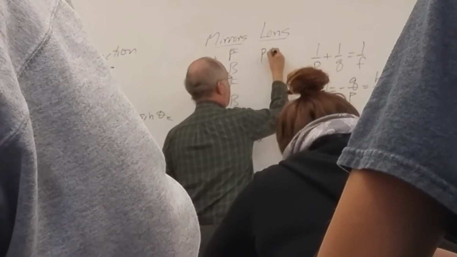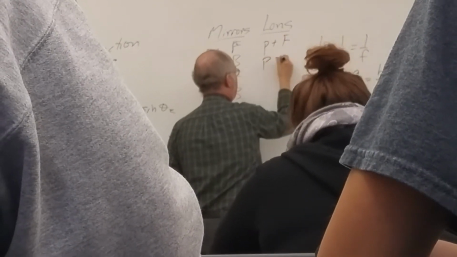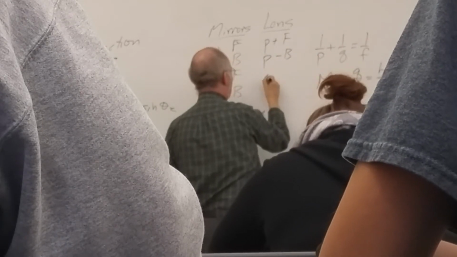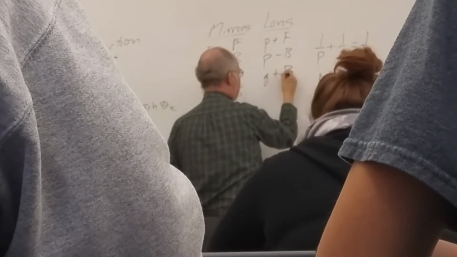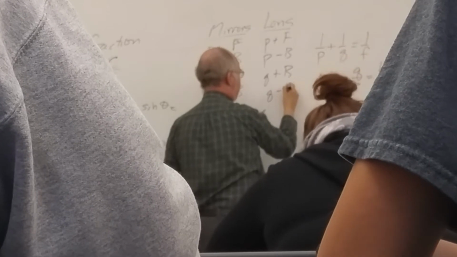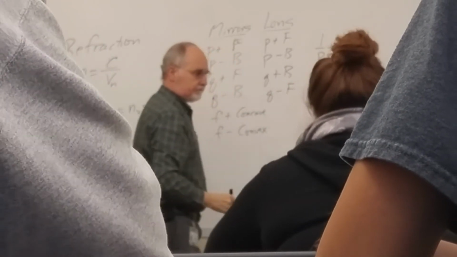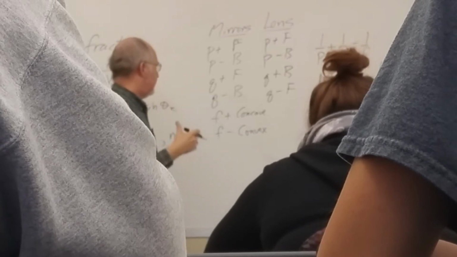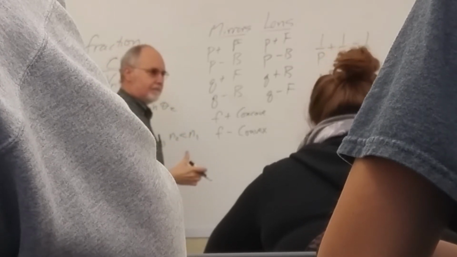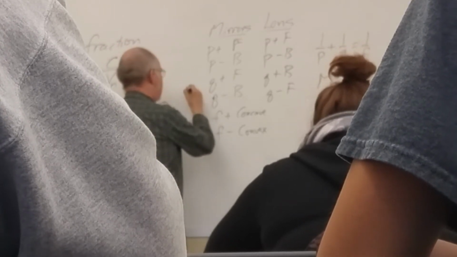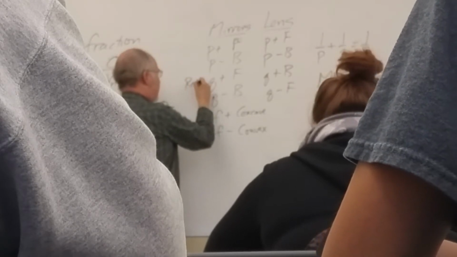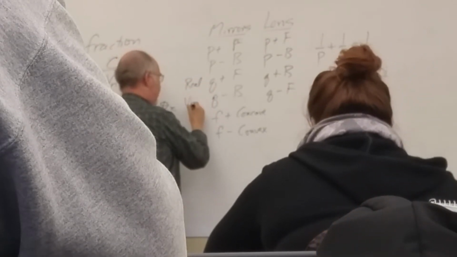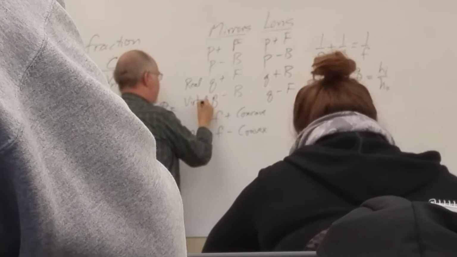For the lenses, P is positive on the front, negative on the back, but Q is positive on the back side, negative on the front side. Light goes through the lens. Remember, positive Q, positive image, is a real image. The negative image is a virtual image.